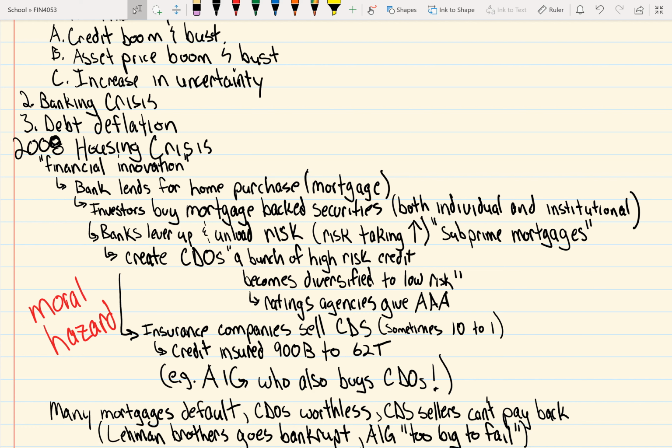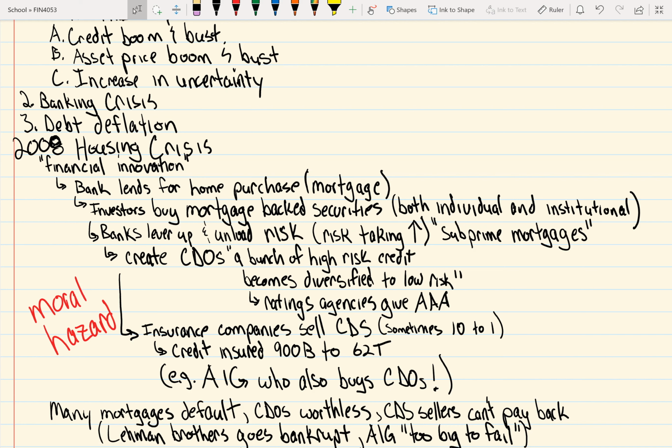And that is what a CDO is. The way that they sold this to the investors is there's a bunch of high-risk credit mixed in with some of the good mortgages, and this becomes diversified to low risk. So the ratings agencies like Moody's ended up rating all of these CDOs AAA, which is essentially almost no chance of default.